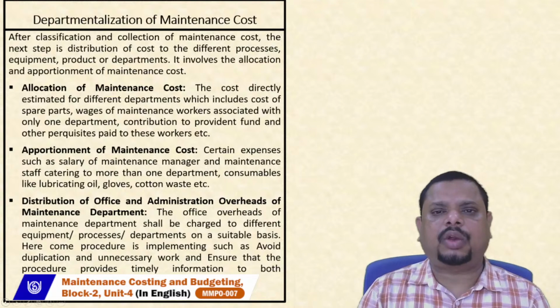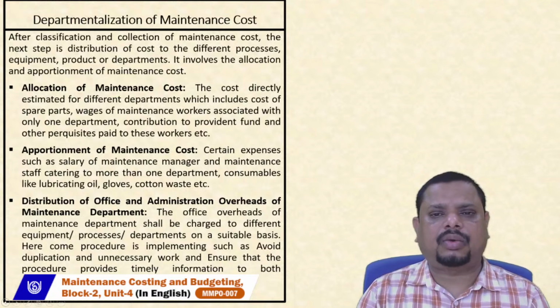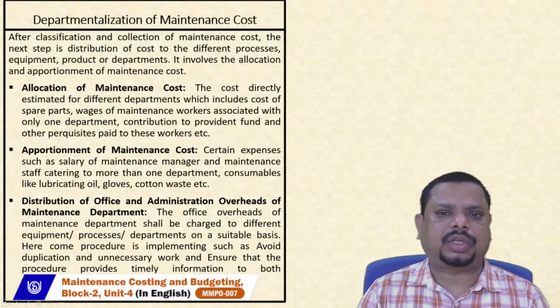So whenever you allocate the maintenance cost after collection and classification of maintenance cost, it is directly forwarded to the department level or division level, from division level to department level. For example, in the raw material handling department, they have a process department. The process department identifies the cost of different spare parts directly associated with the process.